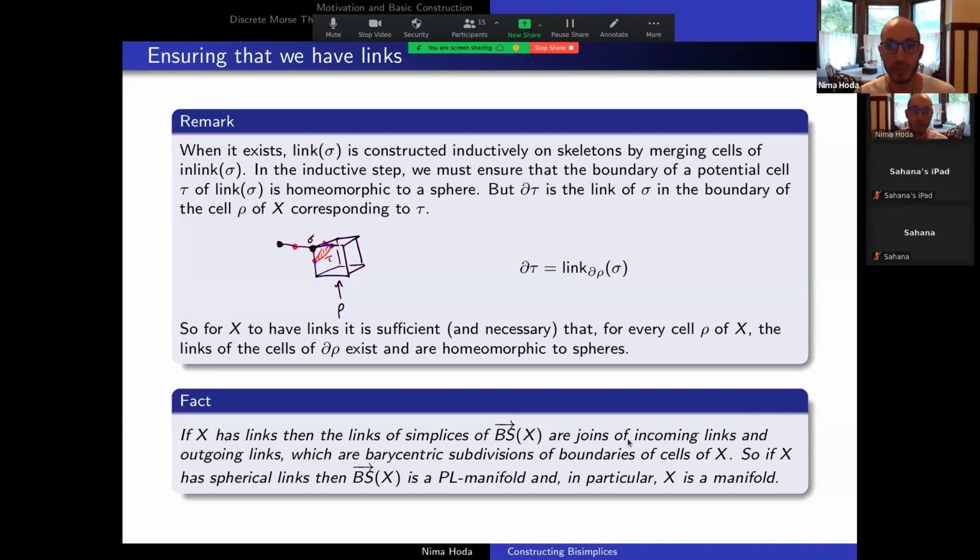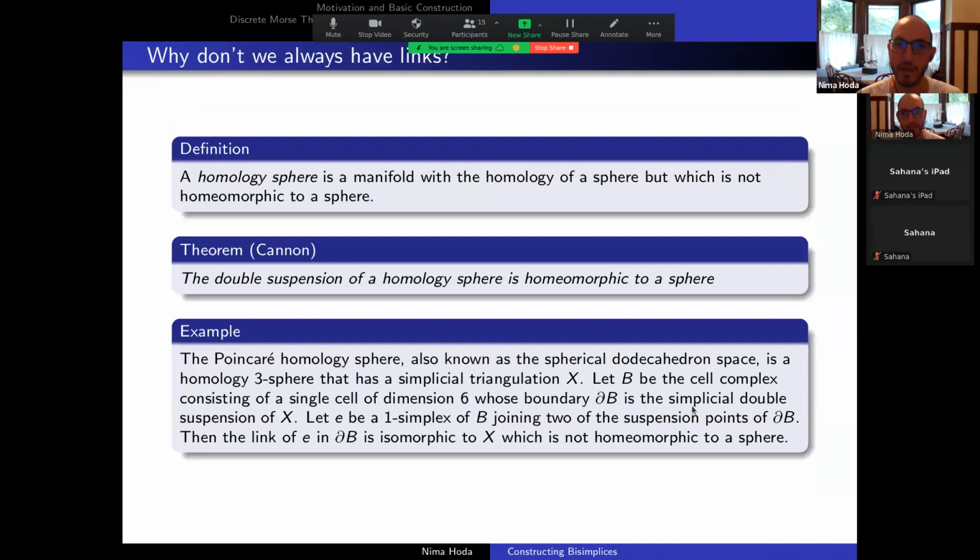So the barycentric subdivision is a PL manifold, and in particular, X itself is a manifold. Okay, why don't we always have links? It has to do with these things called homology spheres, but I'll skip over that.